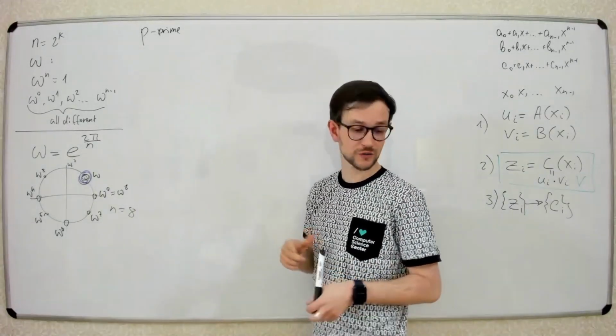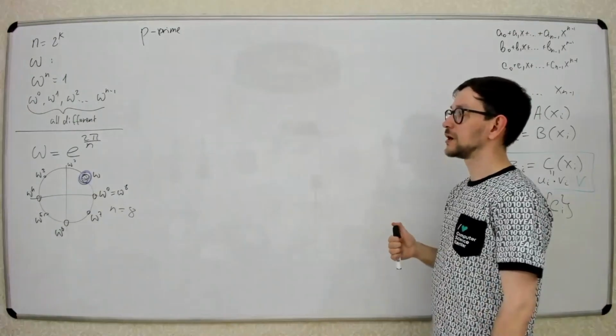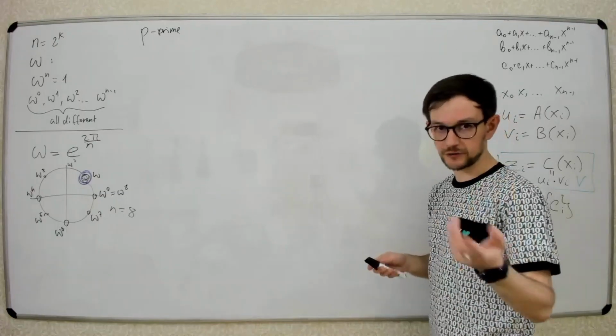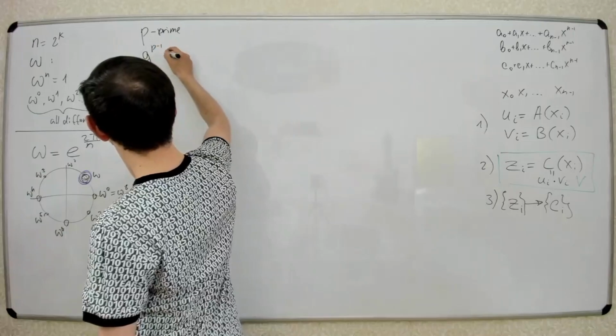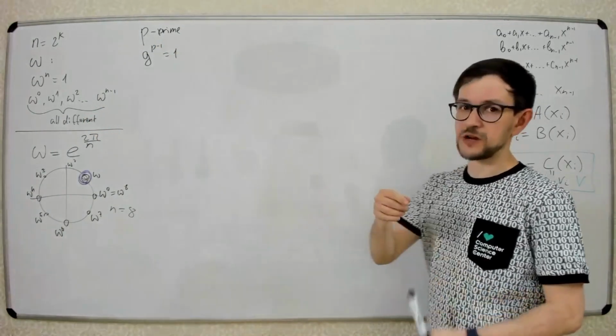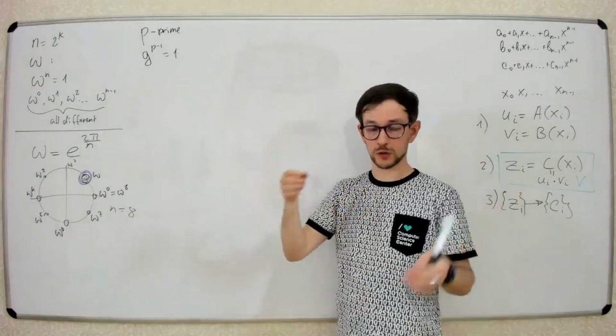We discussed prime moduli a few lectures before. So basically, in a prime modulus you have a generator g, with g to the power p minus 1 equals 1. If I take the powers of this generator, I get all the numbers from 1 to p minus 1.